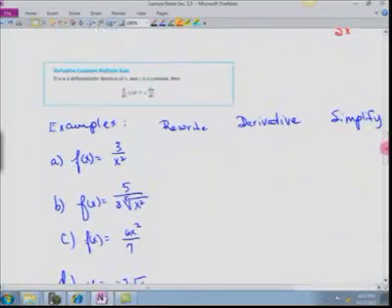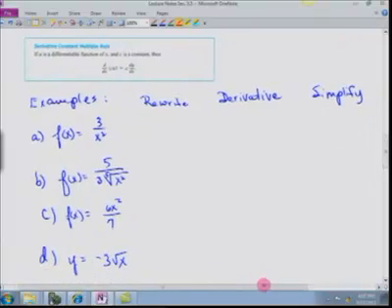Here's some more. This talks about derivative of a constant. It's still c times the derivative. That's really no different than what we're doing. Let's go ahead and practice these, doing the rewrite, the derivative, and the simplify.